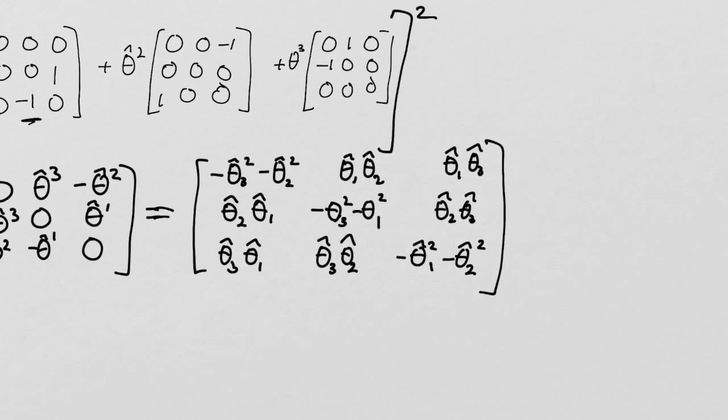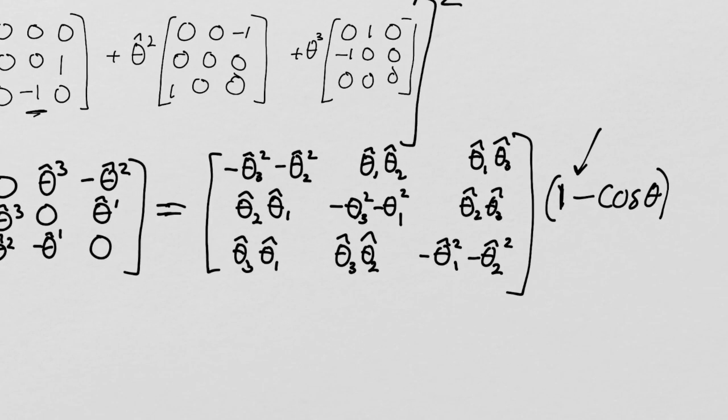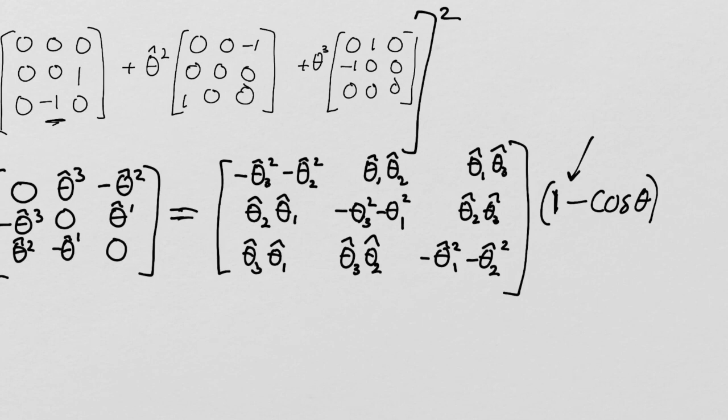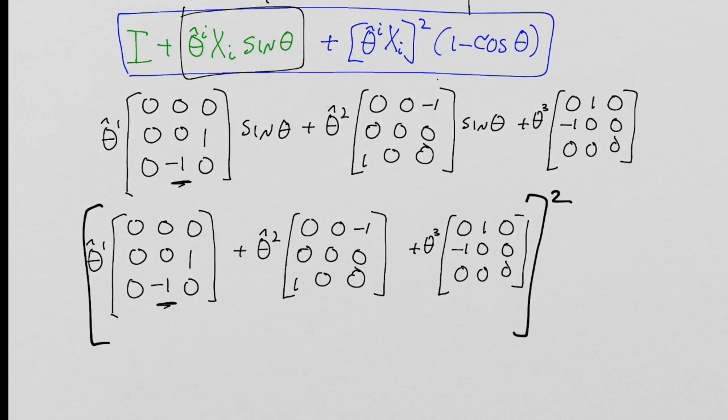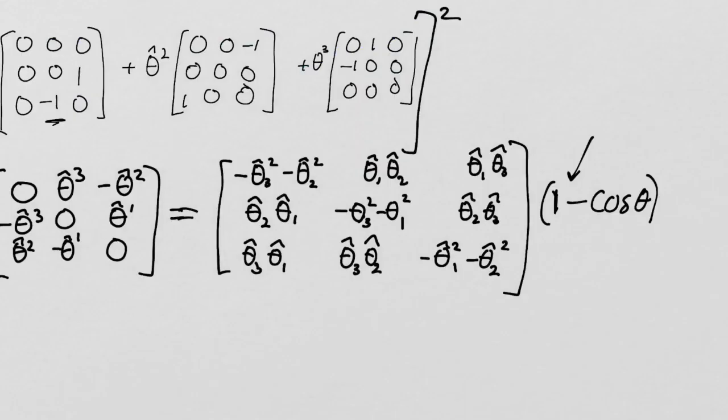So now we have to take that and multiply by 1 minus cosine theta, where this is a number. This is the number 1. But that is going to now inform us on the other elements of this thing. So, for example, we got to go back to this. This part here contributes a matrix. We just calculated what this matrix contribution is. The 1, 1 element of that matrix contribution is going to be this times 1 minus cosine theta.